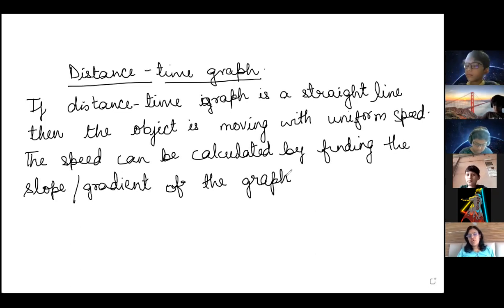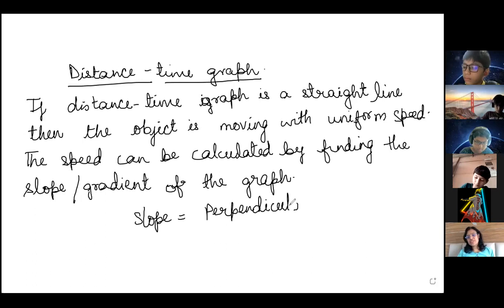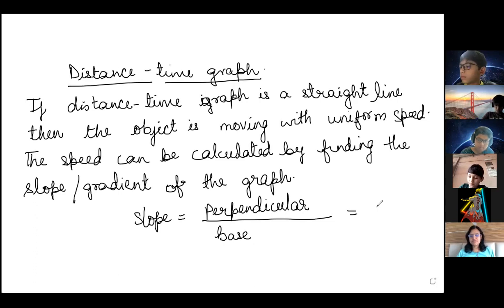Okay, now how do we find the gradient? Your slope can be given by perpendicular. You have to make a triangle and find the perpendicular distance. Take any 2 points on the graph. So perpendicular upon base. Okay, this will give you the value of the uniform speed.